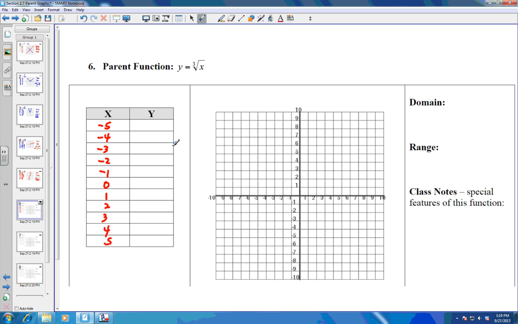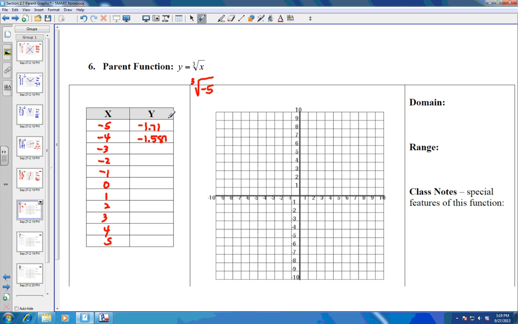Okay, so when I plug in -5, here's what I'm doing, the cubed root of -5, and I just stuck this in my calculator. They give me -1.71.